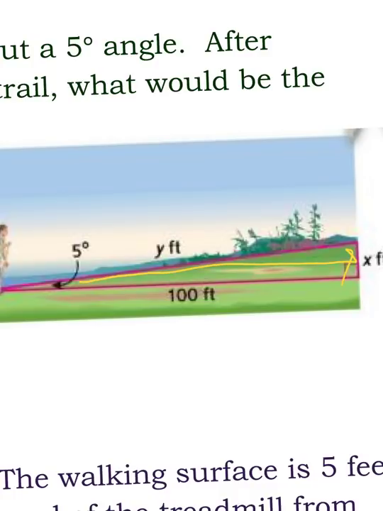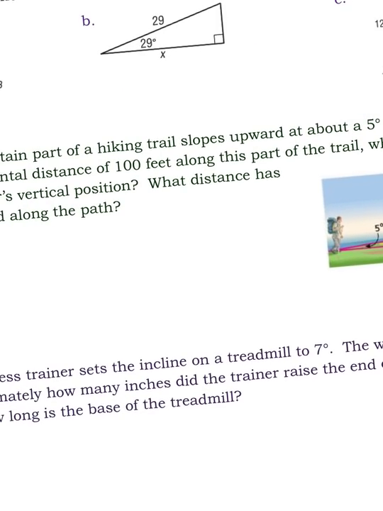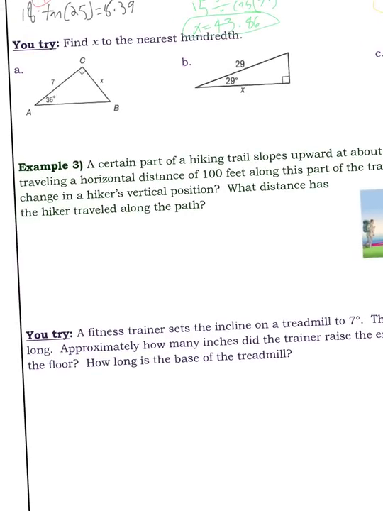So x is opposite of where I am. And let's see here. The 100 is adjacent to where I am. So to figure out the x, I'm going to do, you guessed it, tangent.